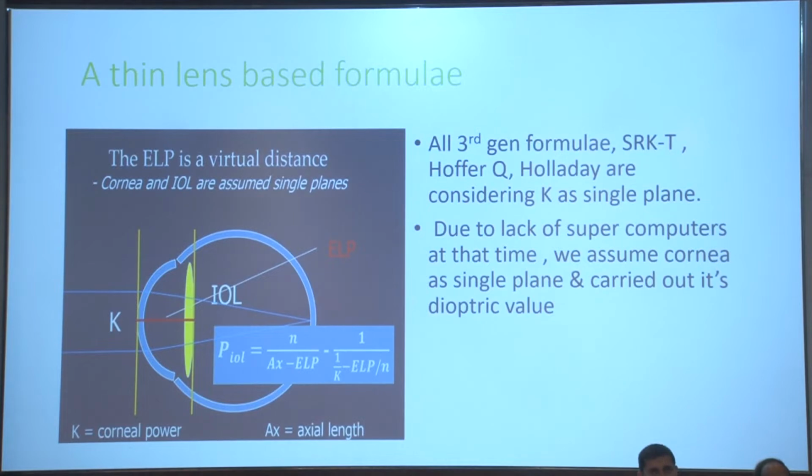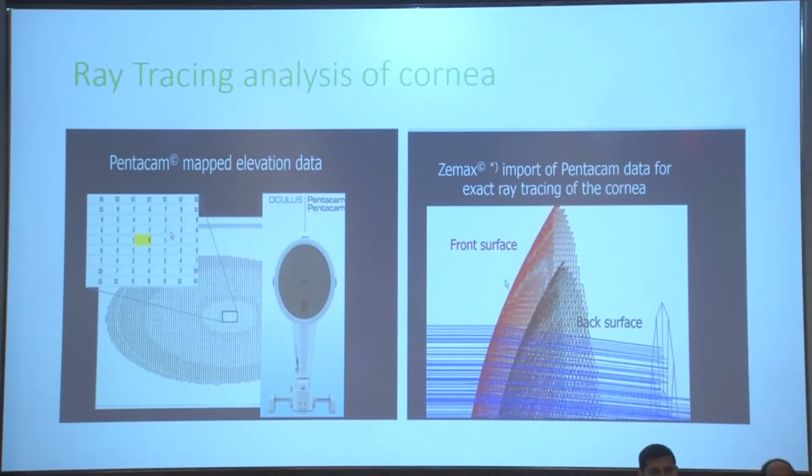All third generation formulas are based on Gaussian optics, that is a thin lens based formula. So the cornea has a single plane, the lens has a single plane, and we presume what will be the effective lens position. Now ray tracing analysis was not there at that time, but because of advancement in the instruments, we are getting each and every point of the cornea. And these points have to be exported through Zemax type of optical software which is used in telescopes.